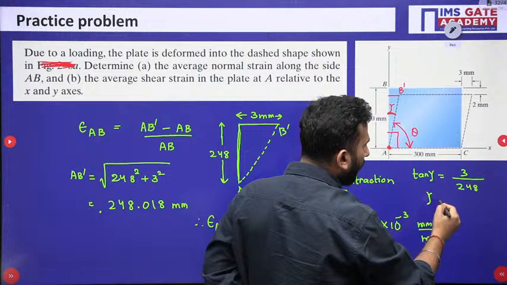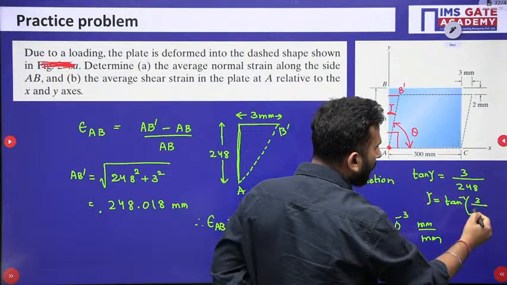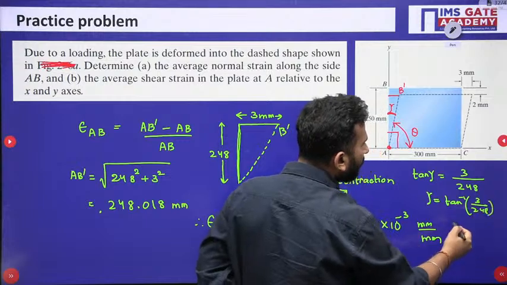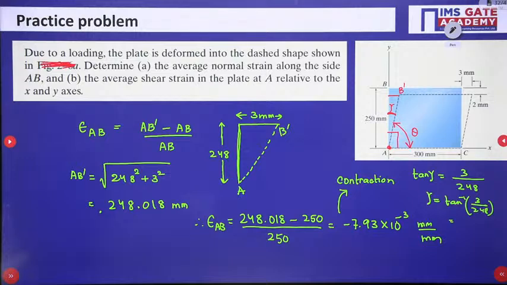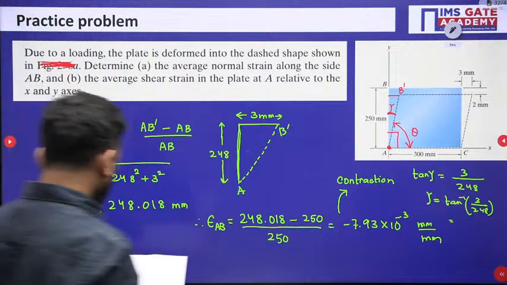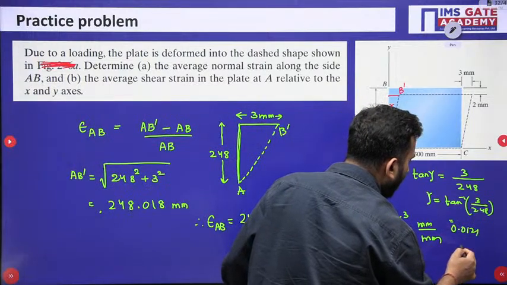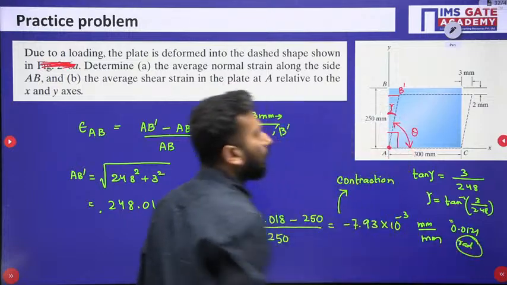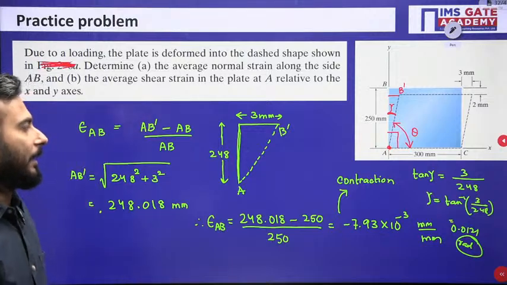So gamma will be tan inverse of 3 by 248, and if you solve this, you will get 0.0121 radian. As you know, we should keep our answer in terms of radian.